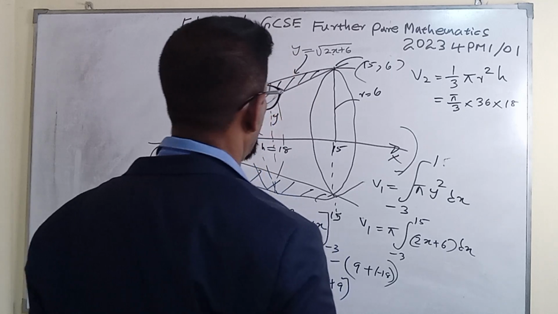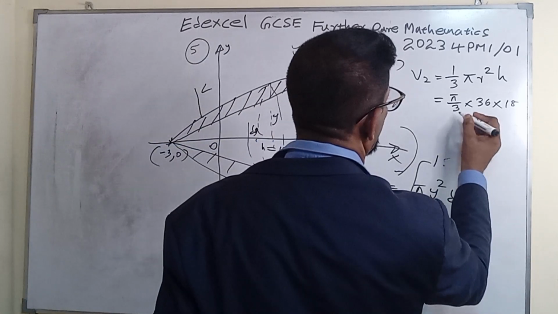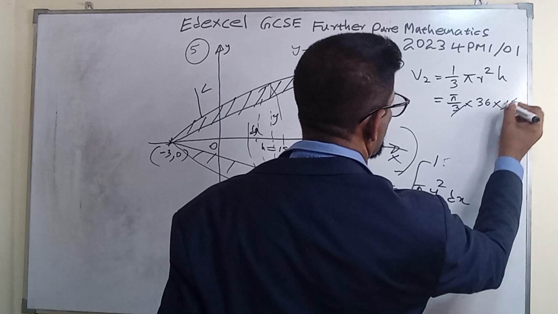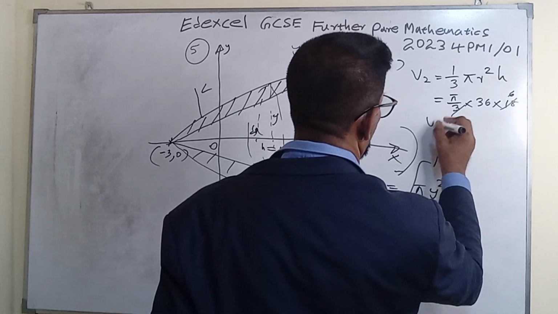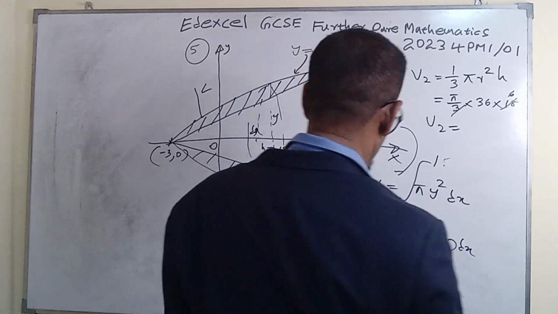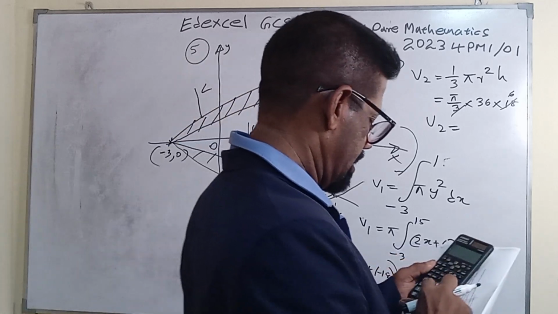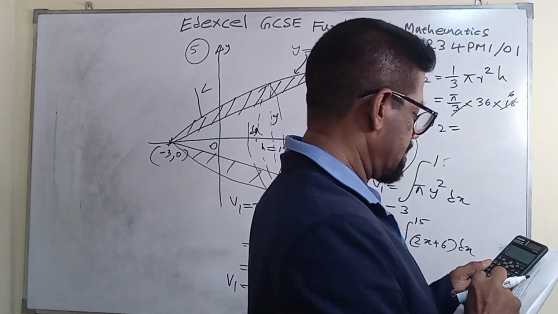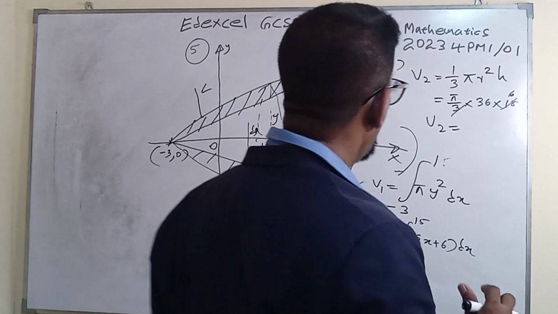Height 18 divided by 3 is 6, so V2 comes 36 times 6, which is 216 pi.